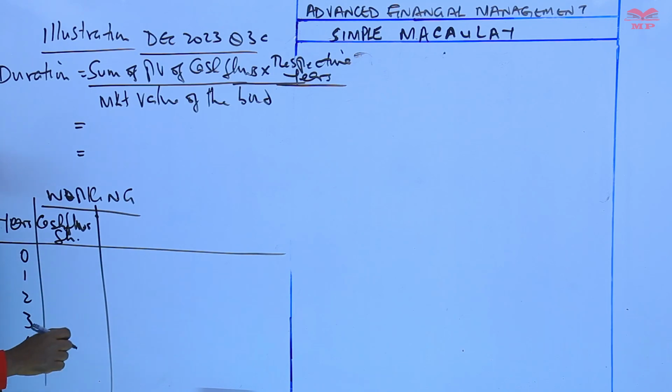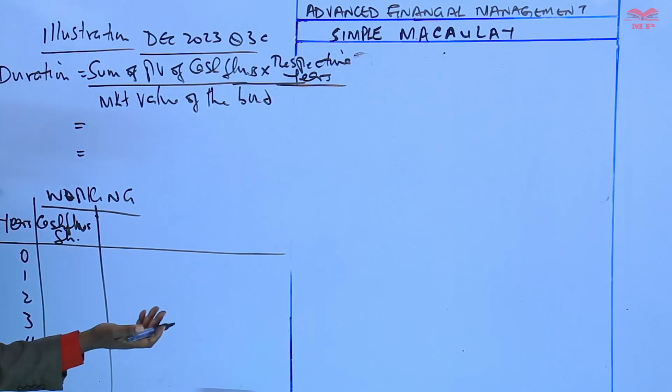How do we determine the cash flows? The cash flows, I've said, comprise of two things. This is a bond, and the investor here will be receiving interest of 8% per annum, and therefore the interest in shillings will be 8% of the par value of the bond, which is 100.